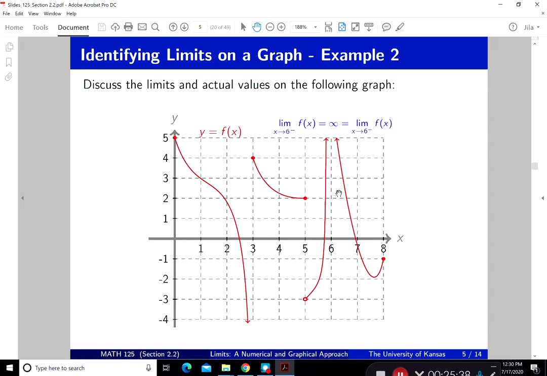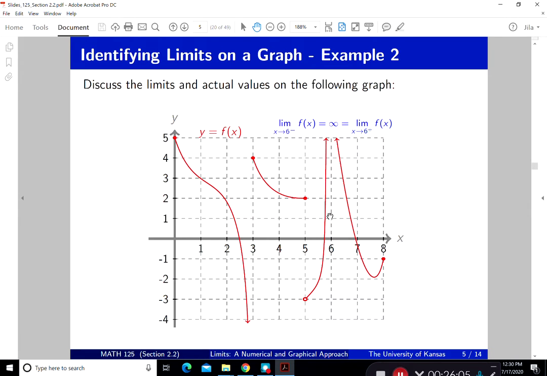Remember, this is a vertical asymptote, and at x equal to 6 and x equal to 3, there are two vertical asymptotes. We do have a value for the function at 3. We don't have a value for the function at 6. So you can have a vertical asymptote and have a value for the function at that point.